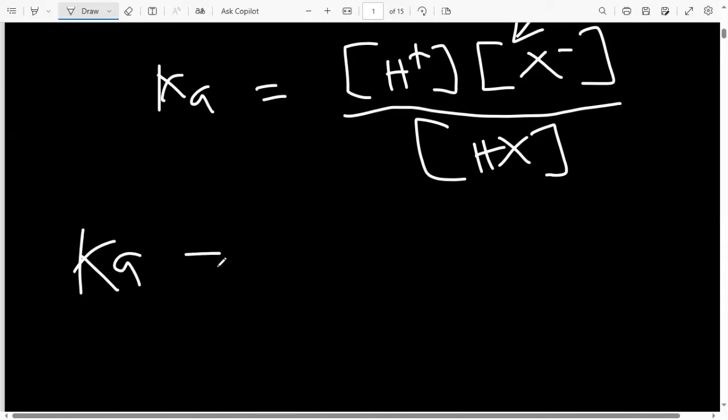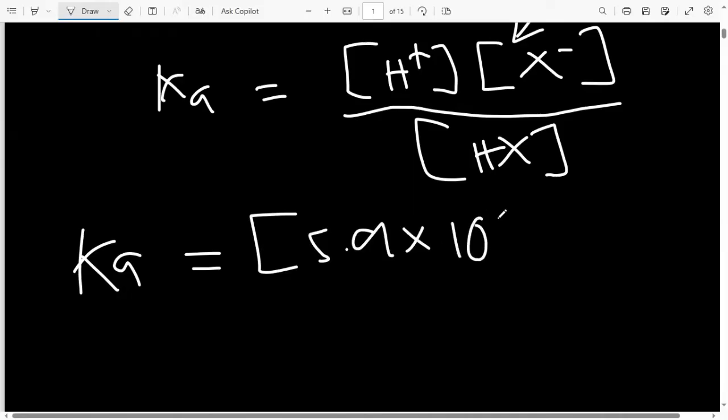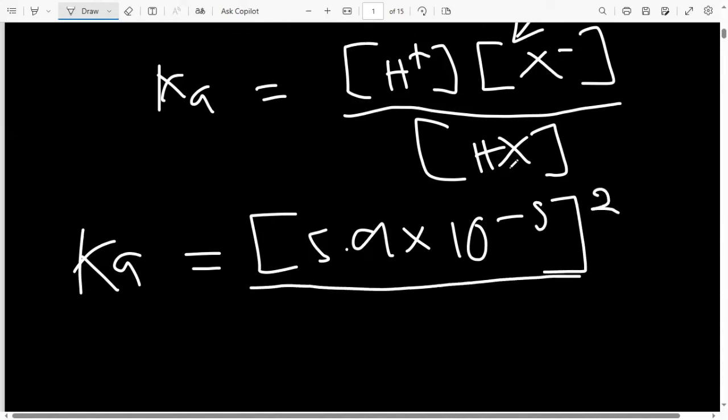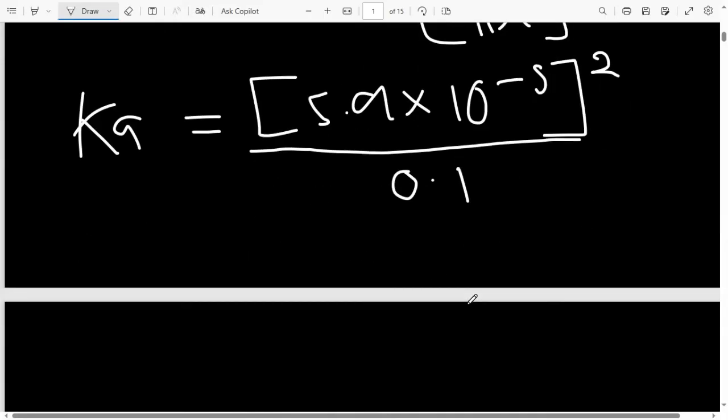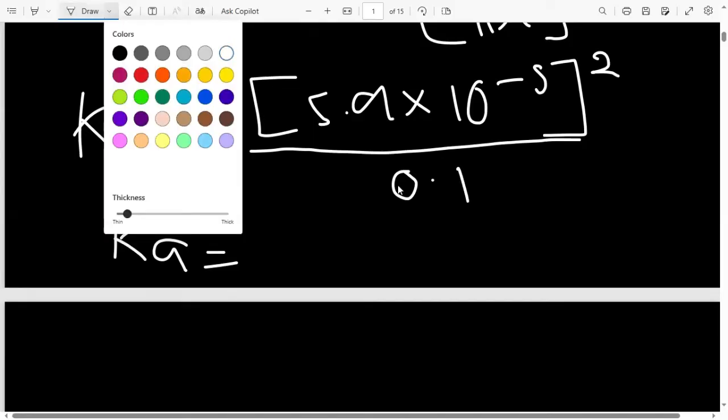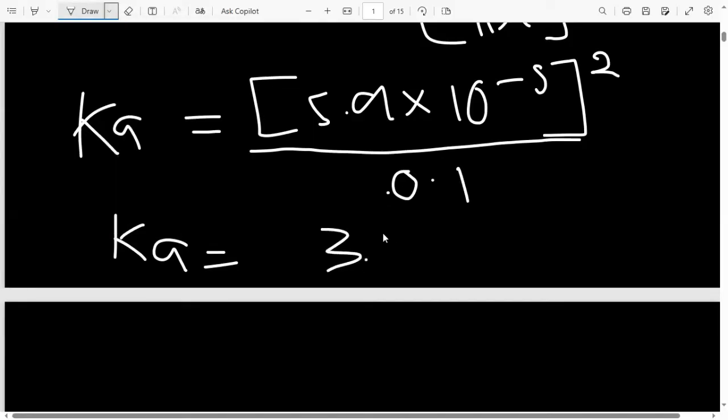So on top we have this multiplied by itself, which is the same as squaring it. Ka is equal to 5.9 multiplied by 10 to the power minus 5, squared, divided by the concentration of HX, which is 0.1. When I punch this into the calculator, I'm getting 3.5 multiplied by 10 to the power minus 8.